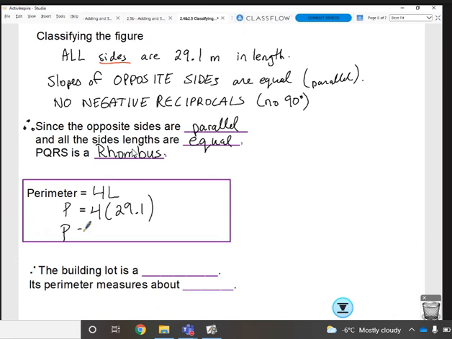P equals 116.4 meters. Therefore, the building lot is a rhombus, and its perimeter measures about, and we say about because we've rounded some things in there, 116.4 meters.